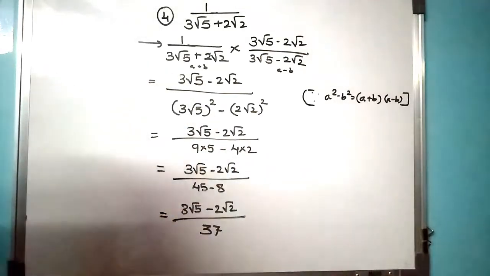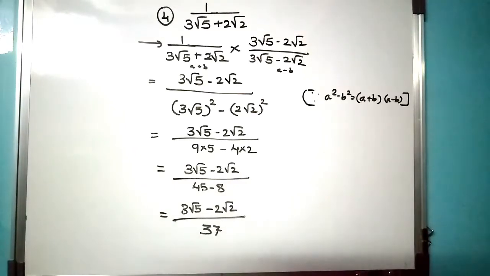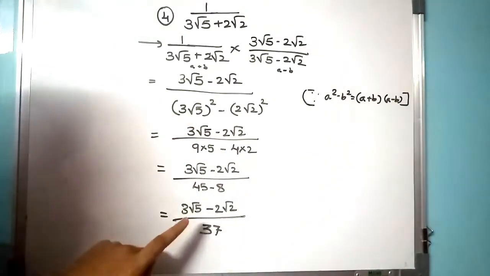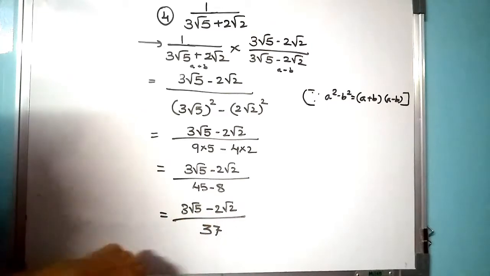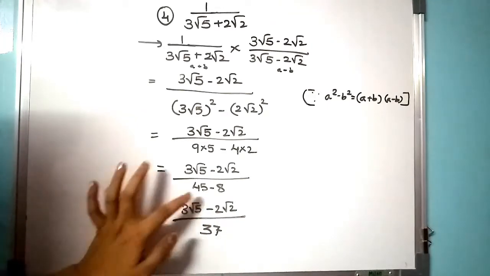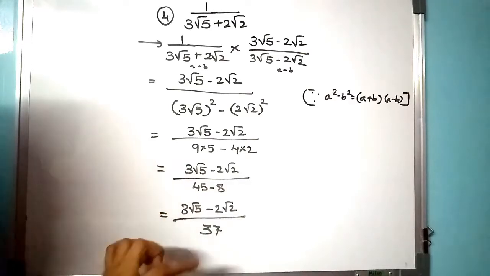So one can see that in this answer we don't have any chance to simplify, as they don't have any factor relationship or they are not multiples of each other. So no common factor, so we will keep the answer as it is.